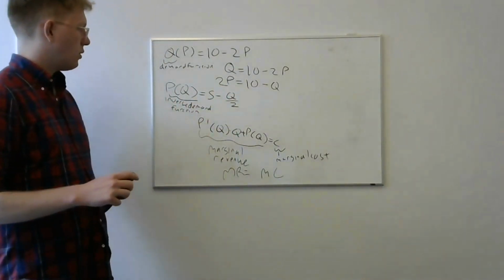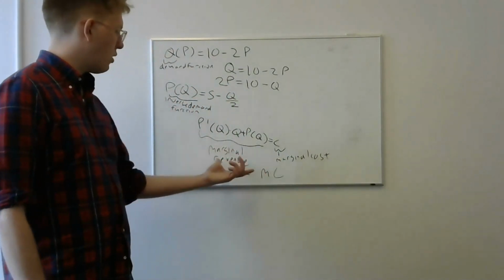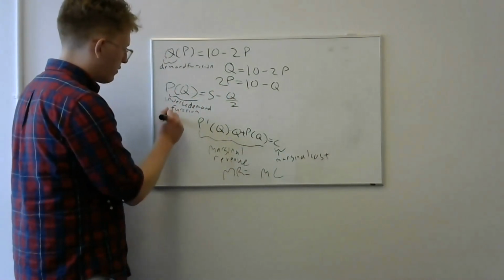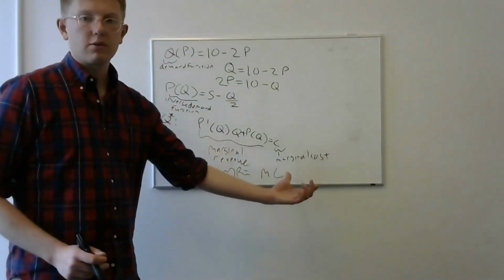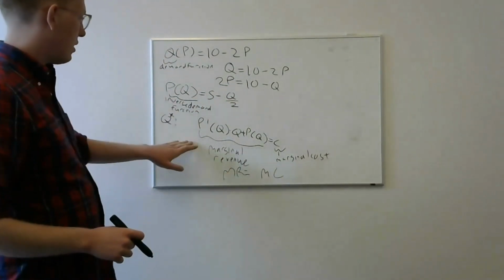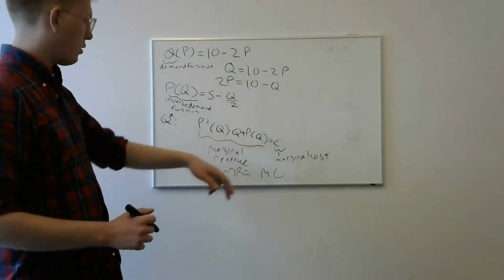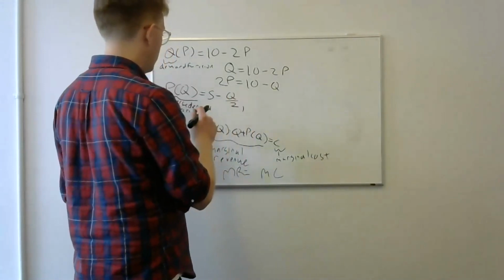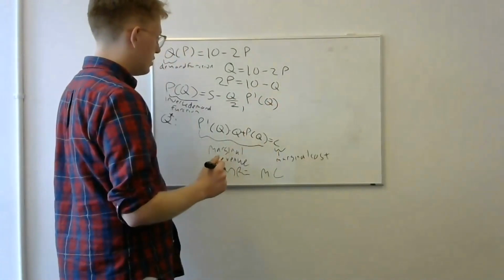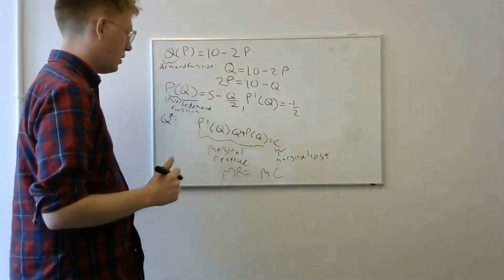Now let's go back to the rule that sets an optimal value of Q: setting marginal revenue equal to marginal cost. We need to figure out what marginal revenue is. We can just use this formula and note that P prime of Q here is just going to be minus 1/2.